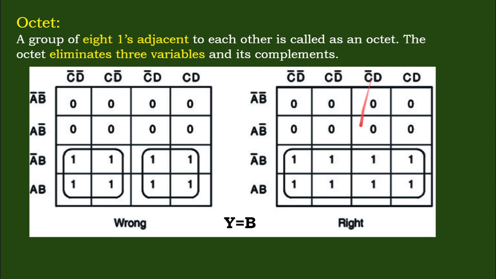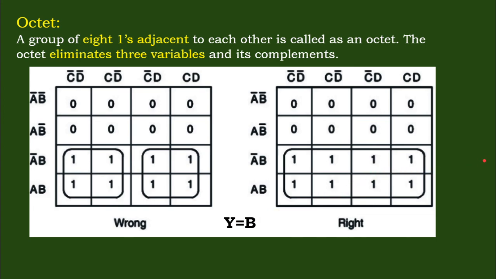Coming to the vertical side, this group is encompassed in A and B. A is complemented as A bar, but B is as such. So A and A bar get cancelled, and only B remains. So the answer for this octet is Y is equal to B.